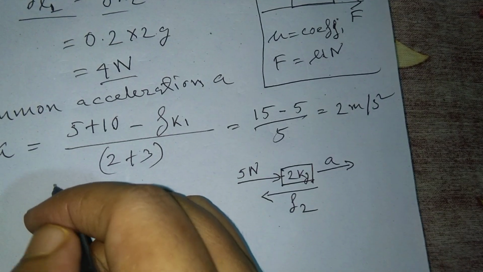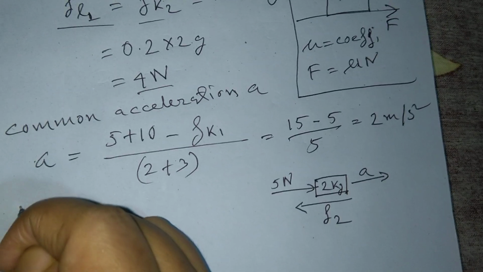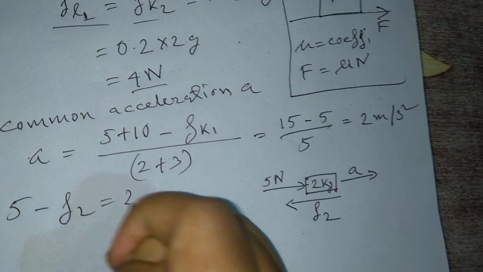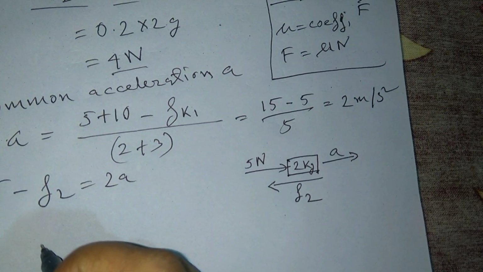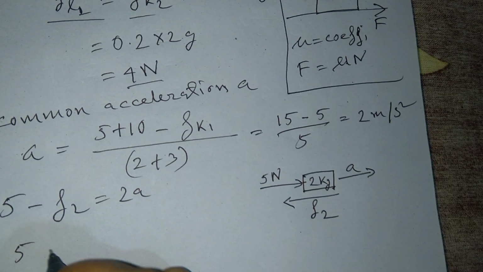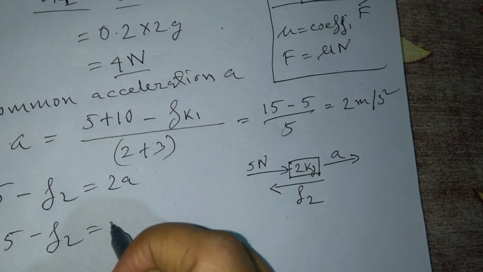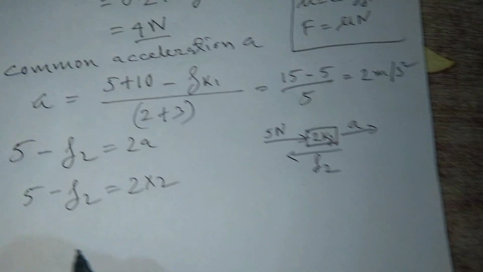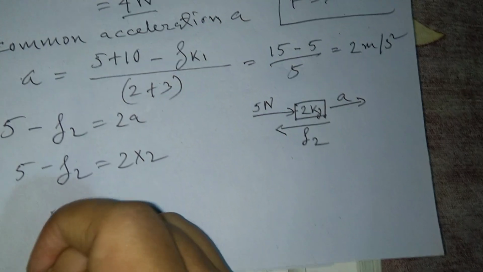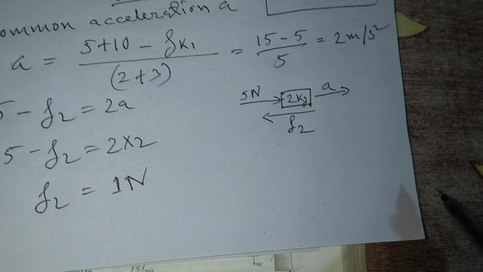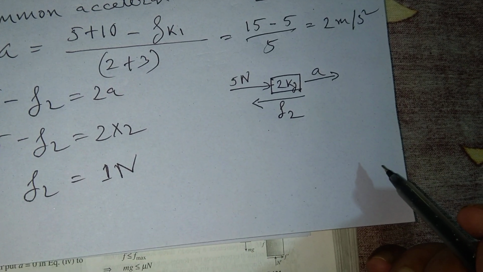So 5 minus F2 is equal to 2 into A. So 5 minus F2 is equal to 2 into 2. So F2 is equal to 1 Newton.